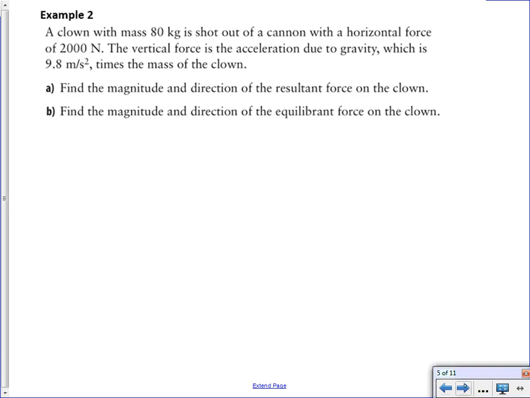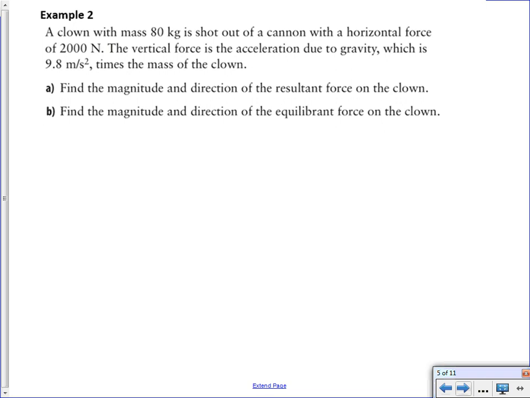So let's take a look at a couple of examples. A clown with mass 80 kilograms is shot out of a cannon with a horizontal force of 2,000 newtons. The vertical force is the acceleration due to gravity, which is 9.8 meters per second squared, times the mass of the clown.